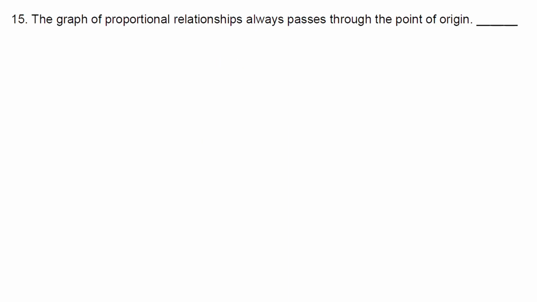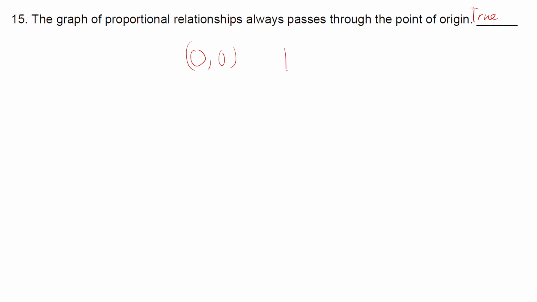This is the last question in the true or false. So the graph of a proportional relationship always passes through the point of origin. Okay? This one here is actually true. So take note of this. Again, it always passes through the point 0, comma 0.